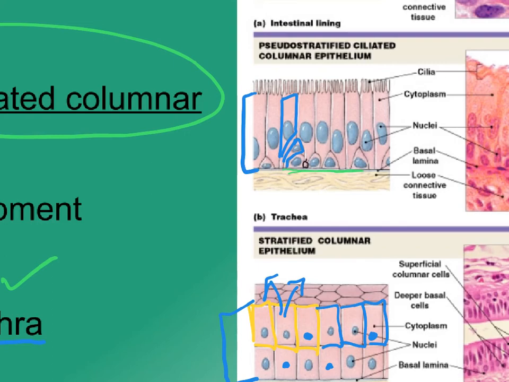Each one of these cells still has a connection to that basal lamina. So here's a connection for this cell, right? And then here's the connection for this cell. And here's the connection for this cell right here. So they're all still maintaining their connection to this basal lamina and then the underlying connective tissue.